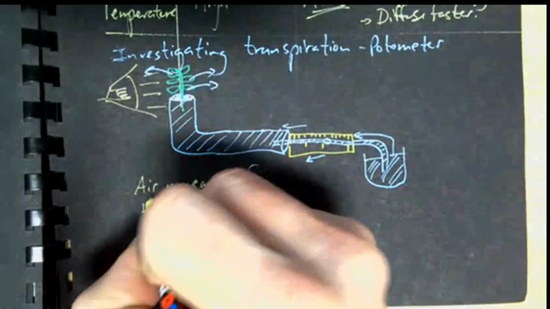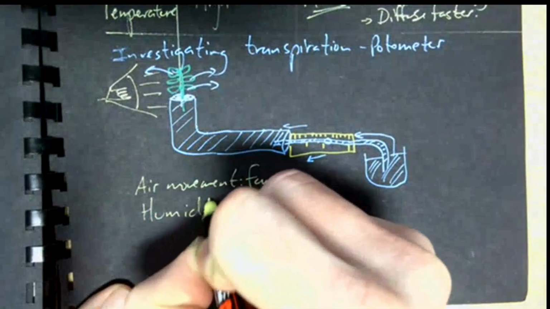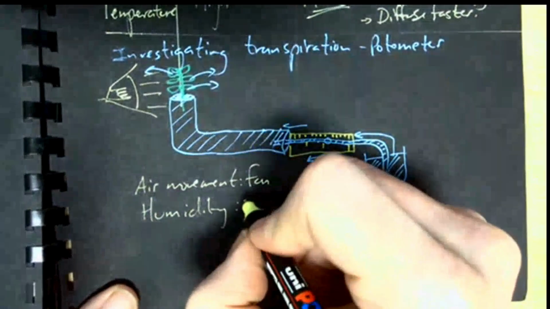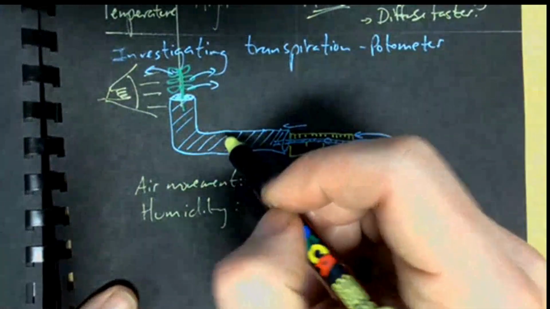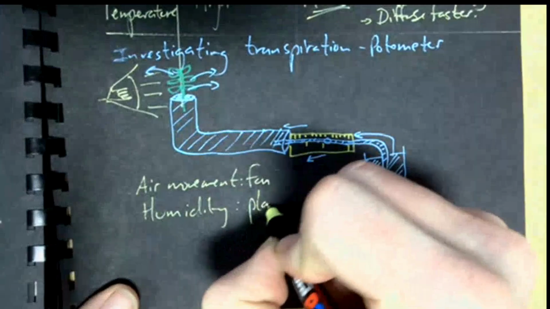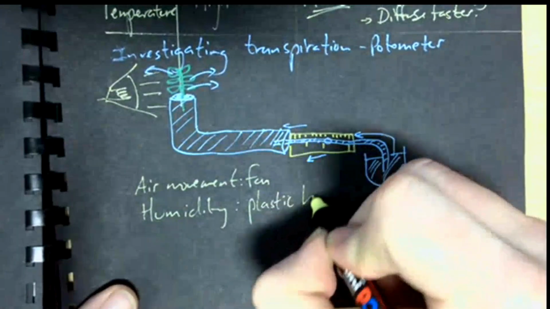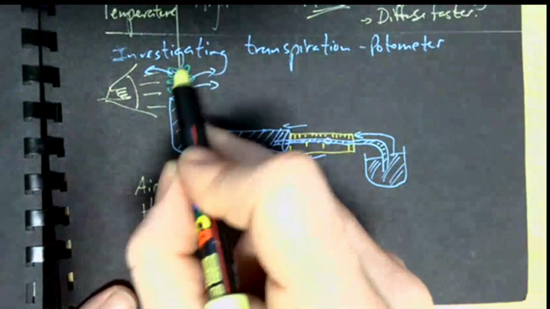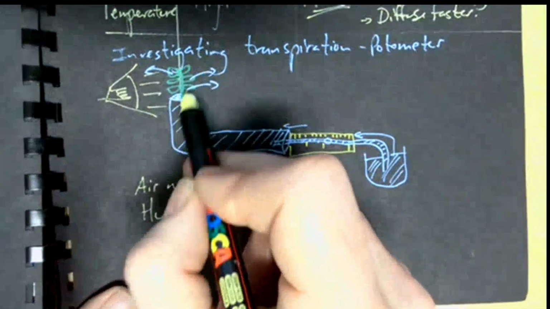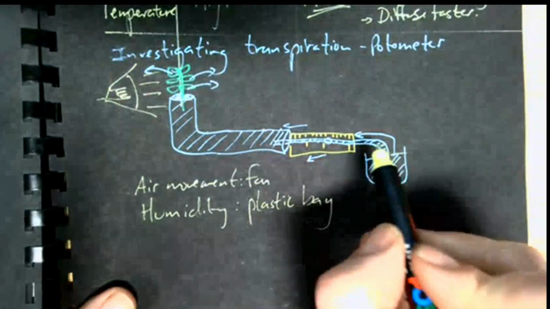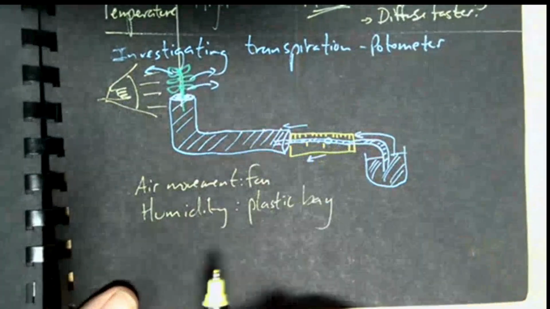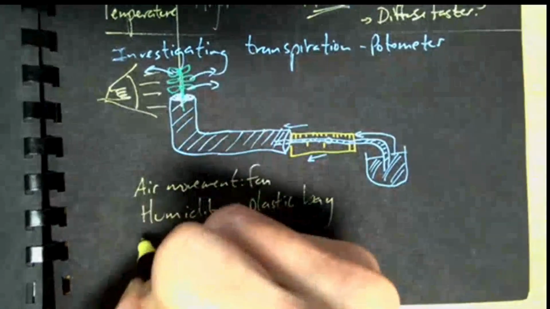For humidity, we could wrap the experiment itself in a plastic bag. And so any water vapor escaping would build up and therefore increase the humidity around the plant, and presumably we would see the movement of the bubble slow.